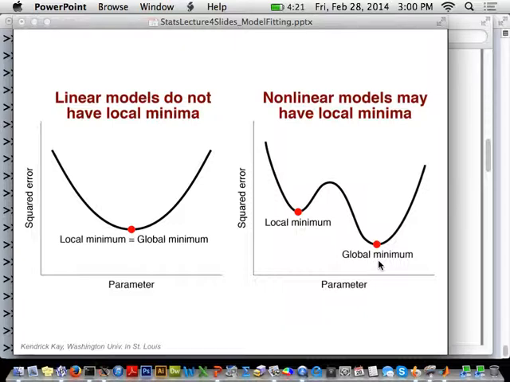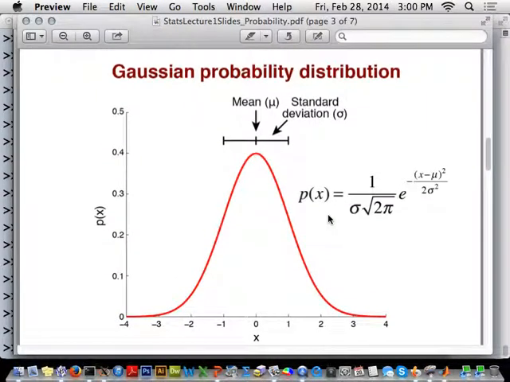This revisits some probability theory from the first lecture, so let's refresh our memory. This was our favorite little distribution, our Gaussian distribution. Remember, this is univariate, so there's one random variable, x, and for each potential setting of x, we have some associated probability or likelihood.